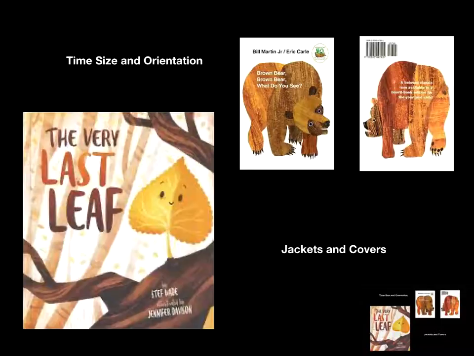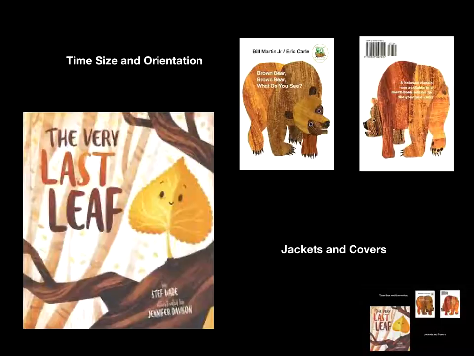In The Very Last Leaf, this book is about a leaf having anxiety about a test he is about to take and his journey through his emotions. It's about himself, so we see in this one that the cover page is also portrait. So comparing these two books together, we can see that both are portrait view instead of landscape view.